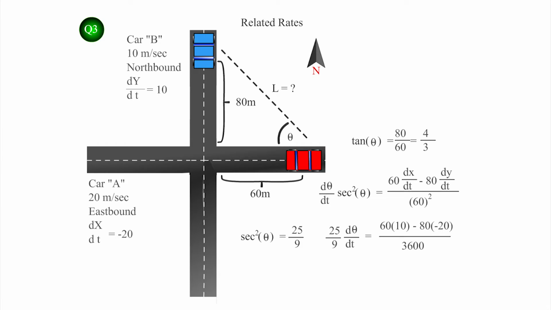Substitute the values into the equation and bring the secant squared theta over to the other side to get d theta over dt equals 11 over 50 radians. So the angle of sight from car A to car B changes at the rate of 11 over 50 radians.